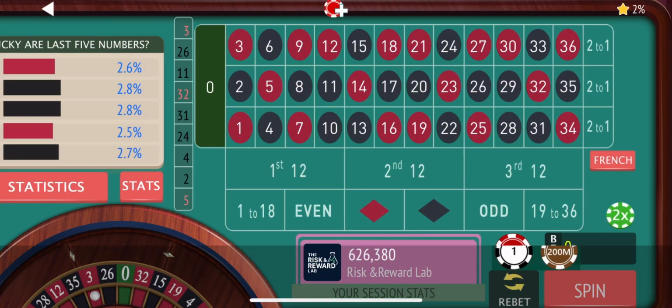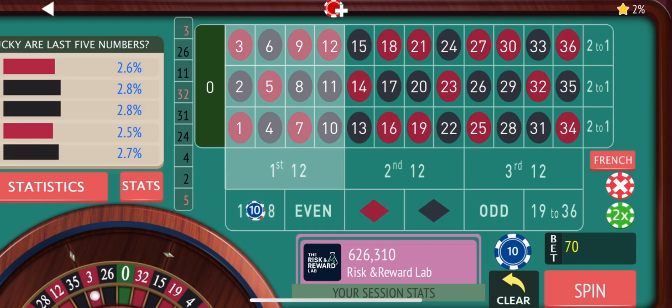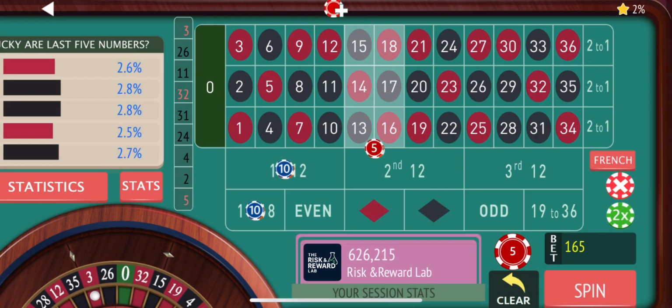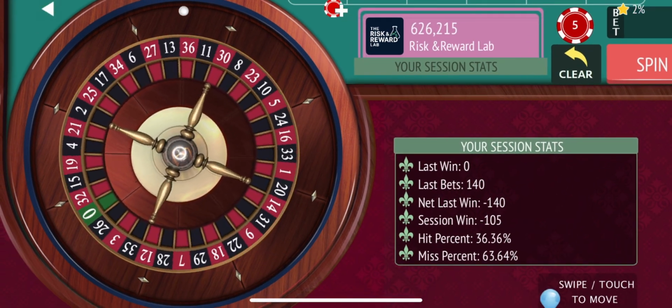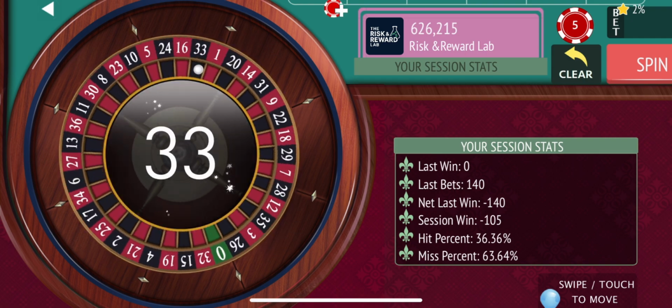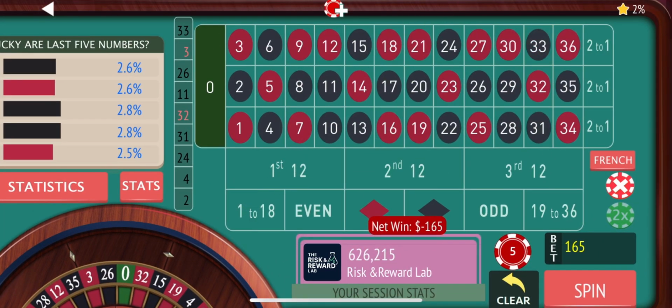So we are on to level 5. That was a big loss, and that's the lowest point of the session before we start to recover.